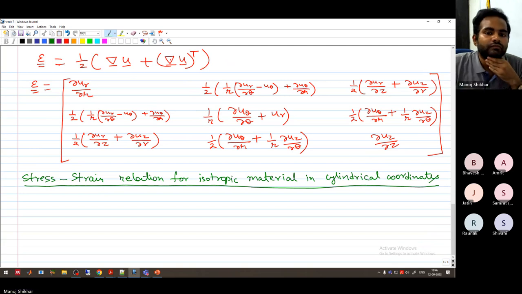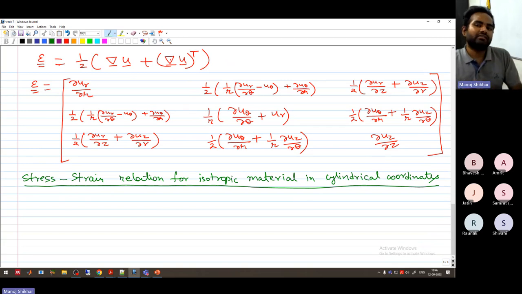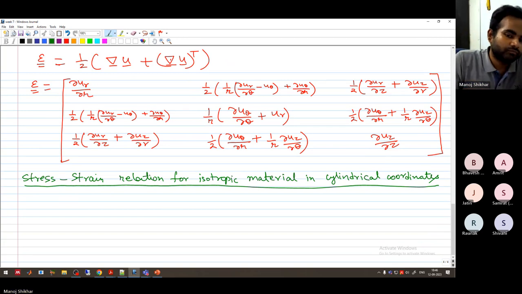What is the characteristic of an isotropic material?